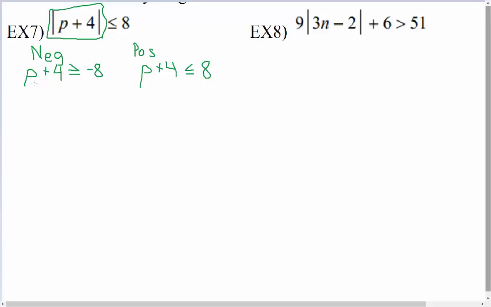So, right here, now we're just ready to solve. And we have the constant of plus 4, so we have to subtract 4 from both sides.